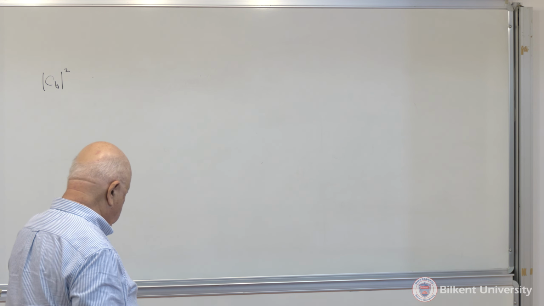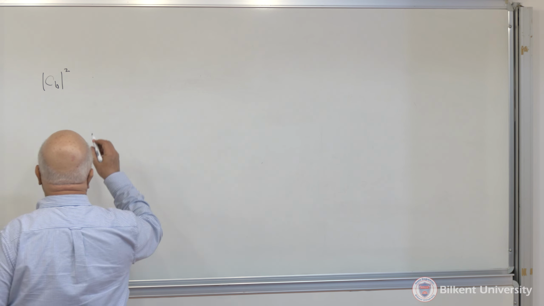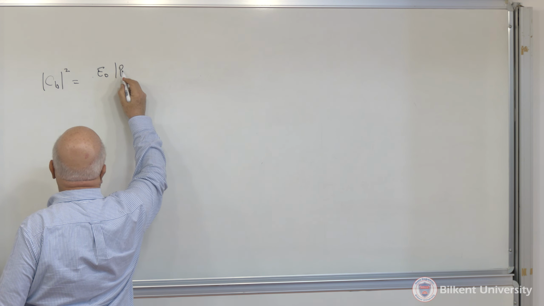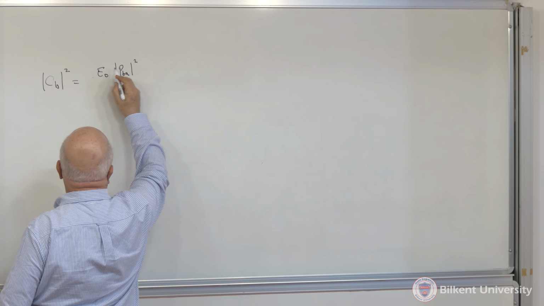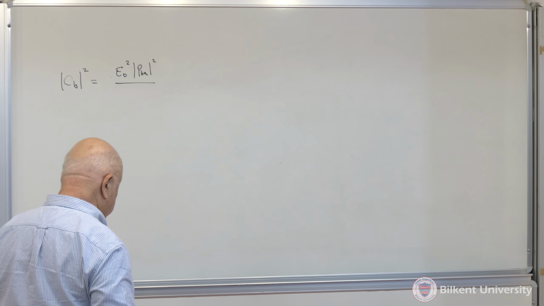I have a bunch of terms here, but the two i's are going to cancel. So I have E0 PBA magnitude squared, so I get squared magnitudes of those things.